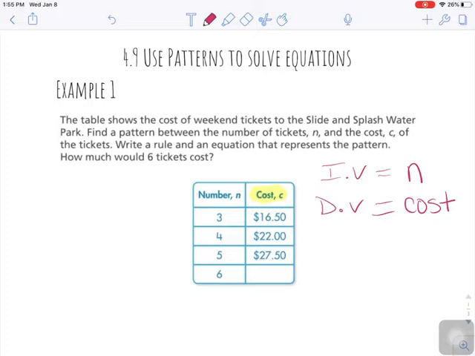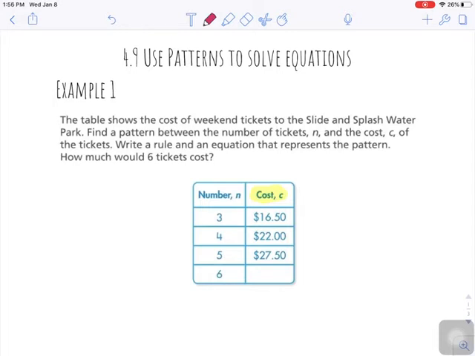All right, so now let's get into our equation here in our table and think about how we can write an equation to solve for how much we would pay to get 6. If we look here, we know at 3 tickets we pay $16.50, at 4 we pay $22, and for 5 tickets we pay $27.50.